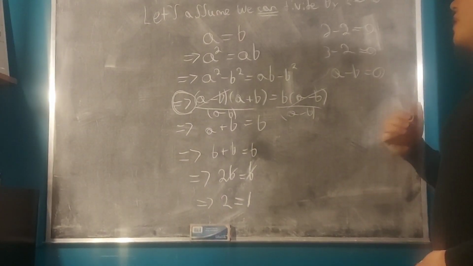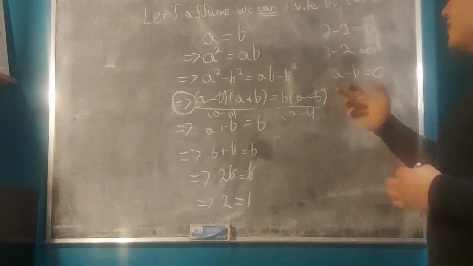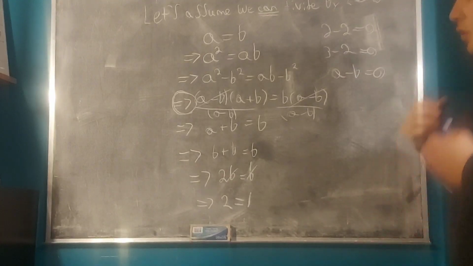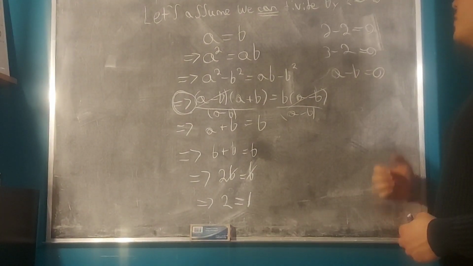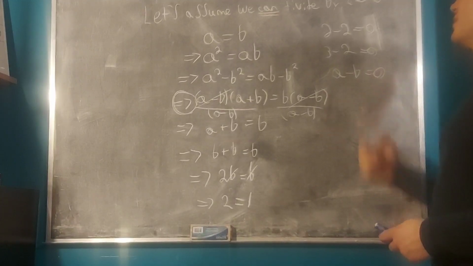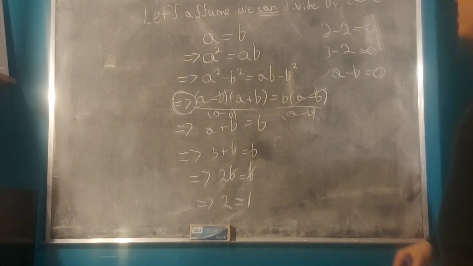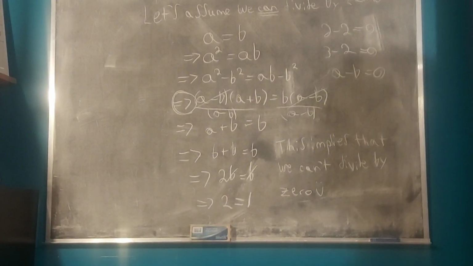The only thing that we sort of assumed we could do, but we aren't sure, was dividing by 0, and we arrived to nonsense. So our only conclusion is that we have to assume that we can't divide by 0. So that was the proof by contradiction. So I'm going to write our little conclusion here. And there you go. This is why you can't divide by 0.